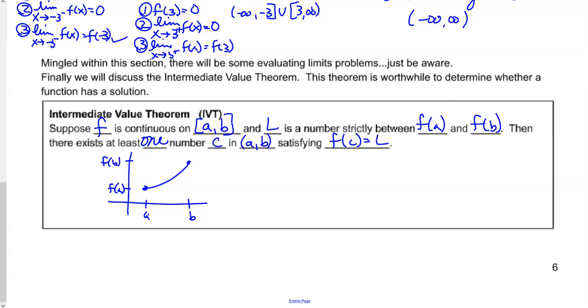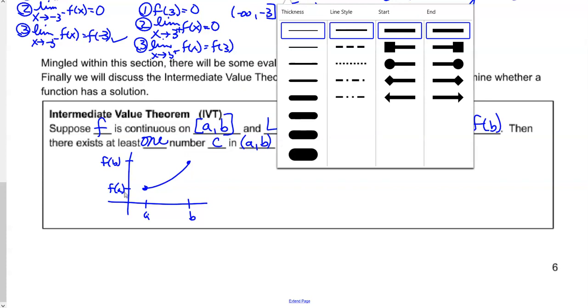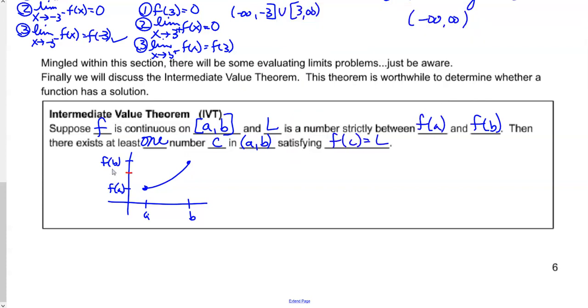So what they are stating by the intermediate value theorem is that I would then have some L value that's between f of A and f of B, such that if I come over here onto my function, I can guarantee that that C value is between A and B.